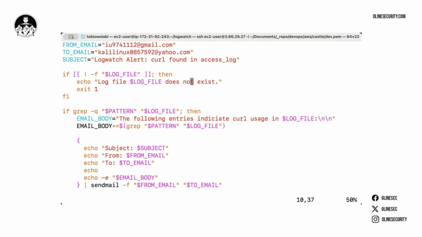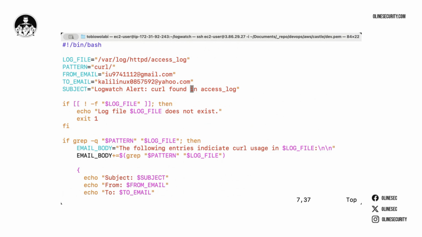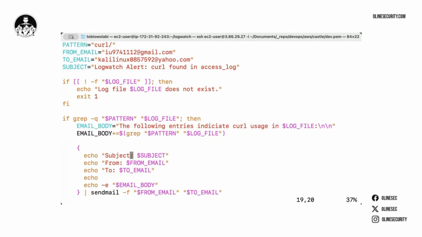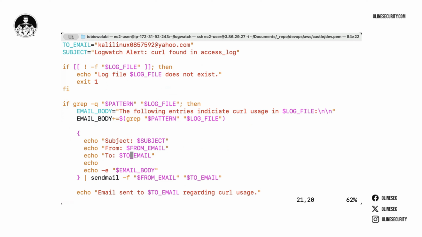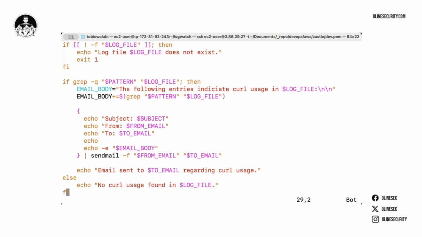Let's see what's going on here. It's not liking this email underscore body plus equals. It's grepping it though, but there's something up with that. Plus equals $ sign. That's correct syntax.